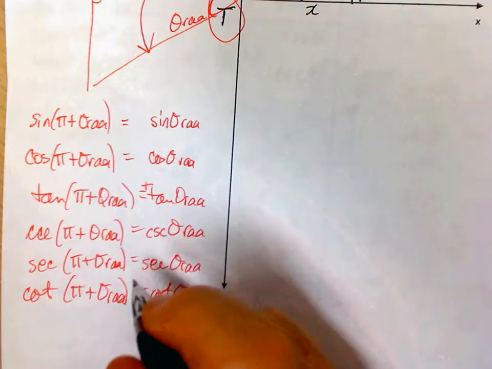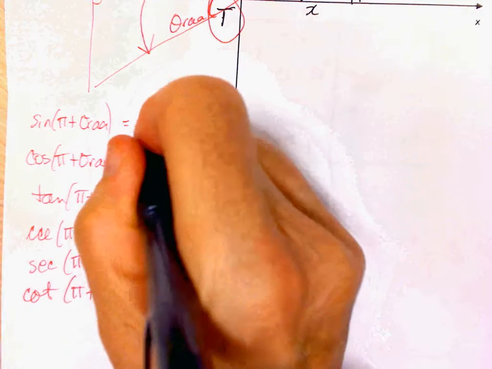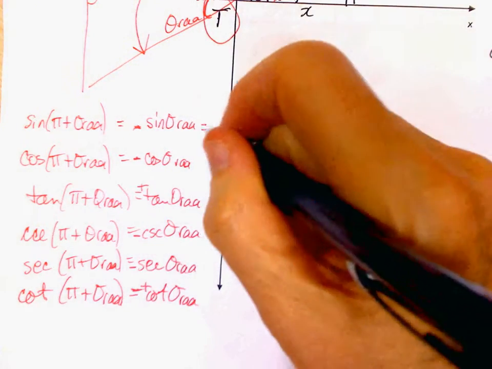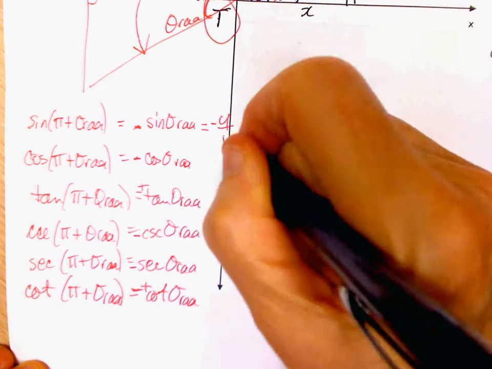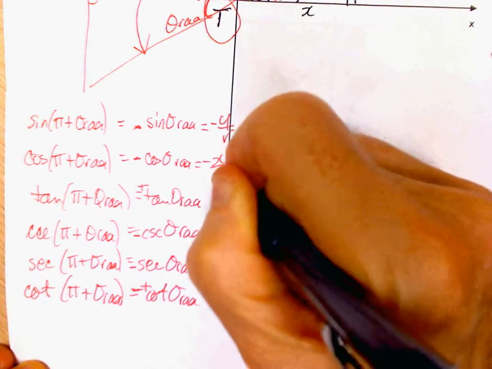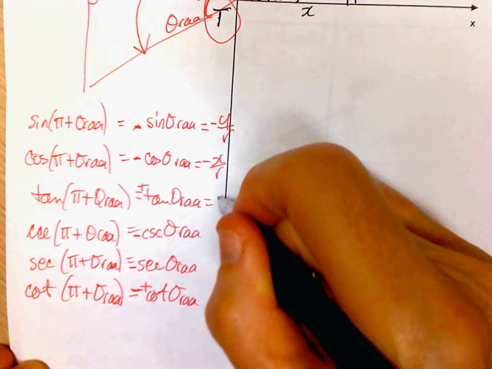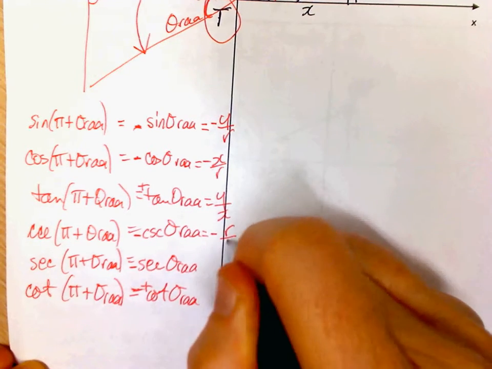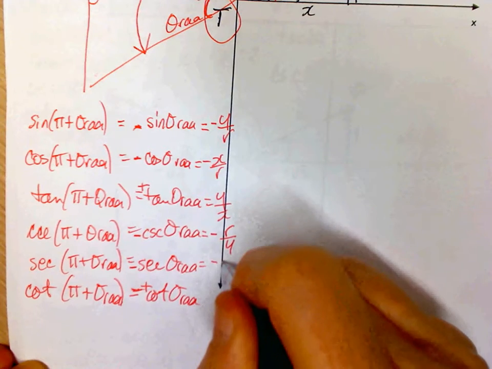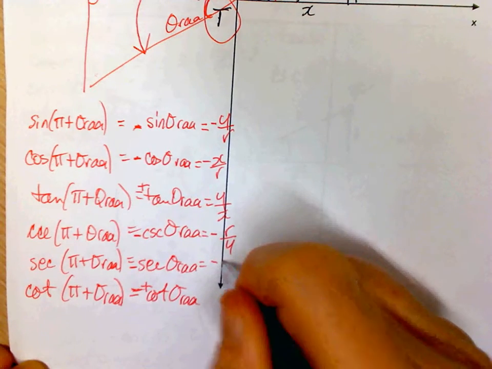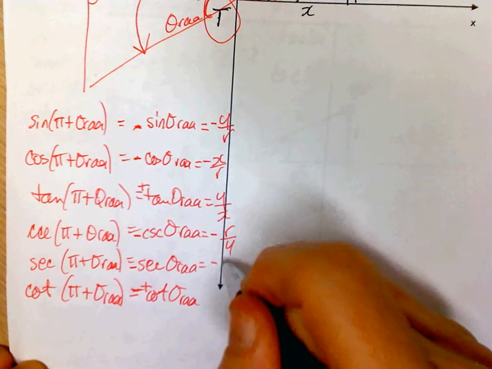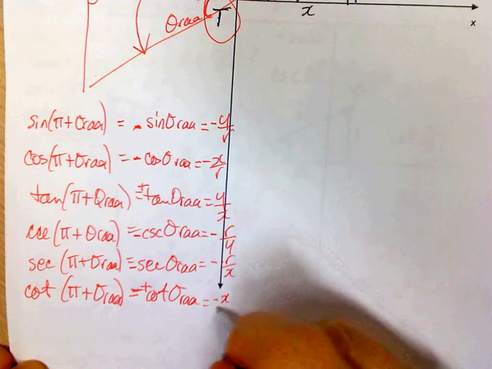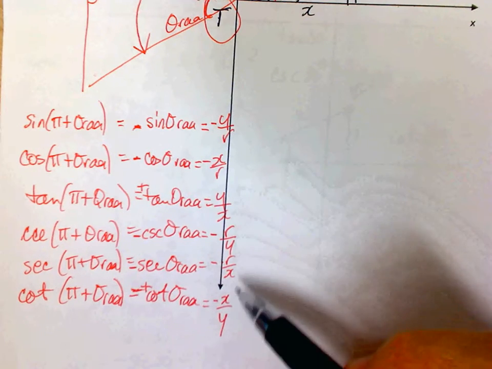The rest are negative. Oh, tan and its reciprocal are positive.